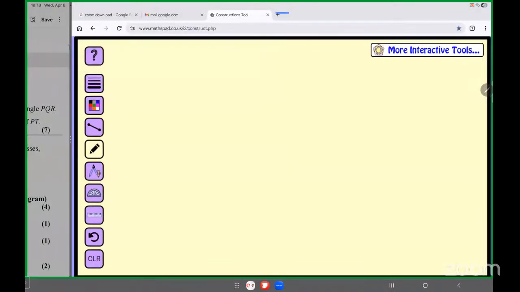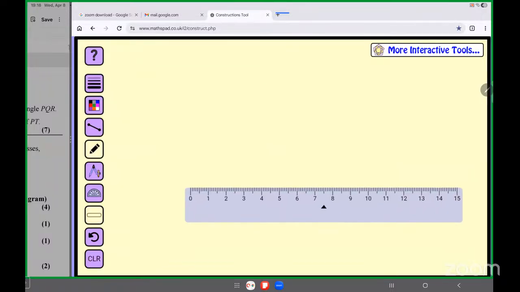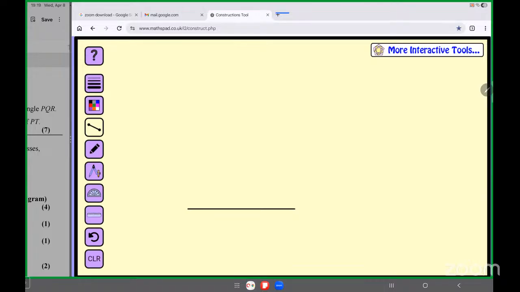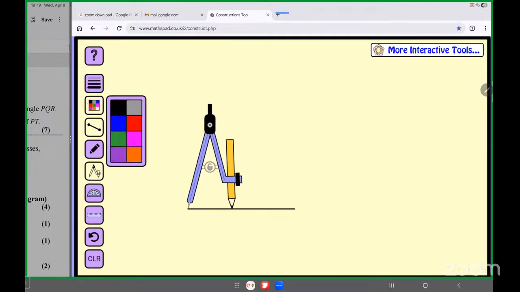So we're going to put in our 6 centimeter line first, to start down here. Then from this end, we're going to construct a 60-degree angle. Open the compass a reasonable length. Lock the compass.